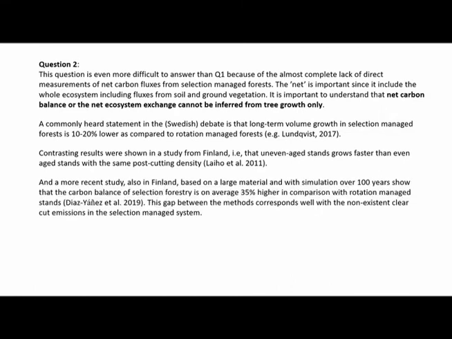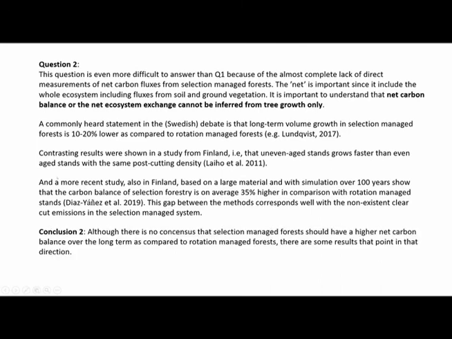And in a recent study based on quite a large material and with simulation models, they show that the carbon balance of selection forestry is on average 35% higher as compared to rotation managed. And this gap between the methods corresponds very well with the non-existent clear-cut emissions in the selection managed system.